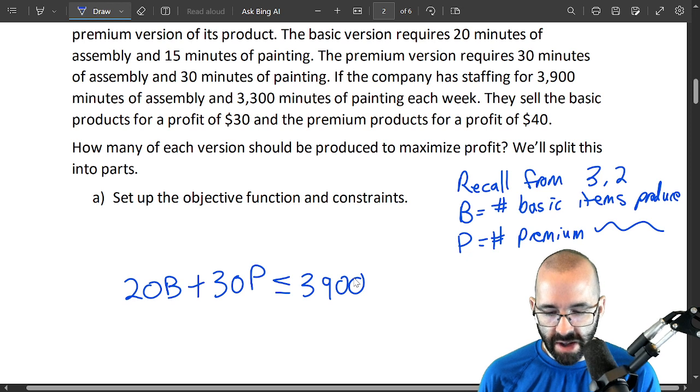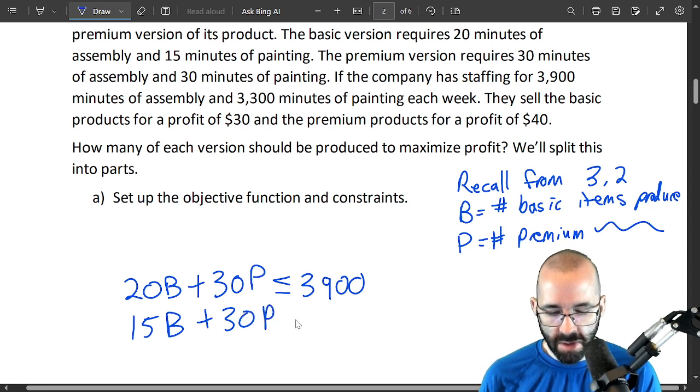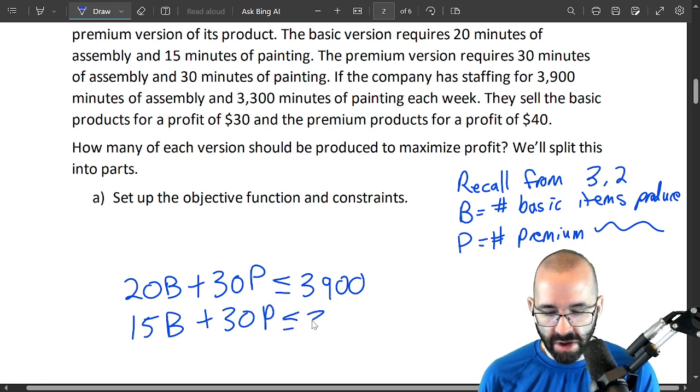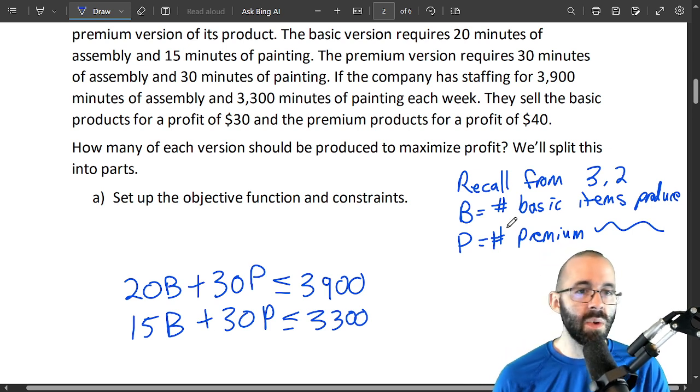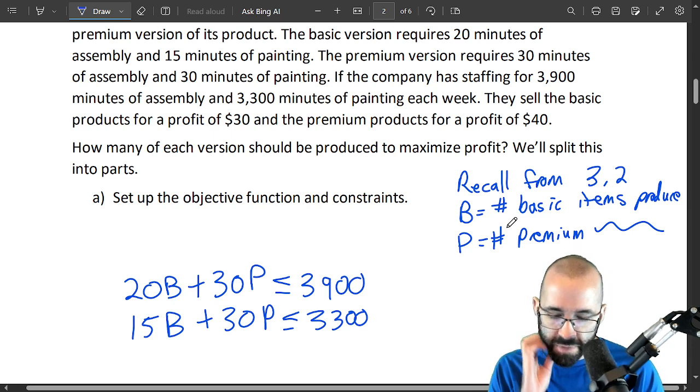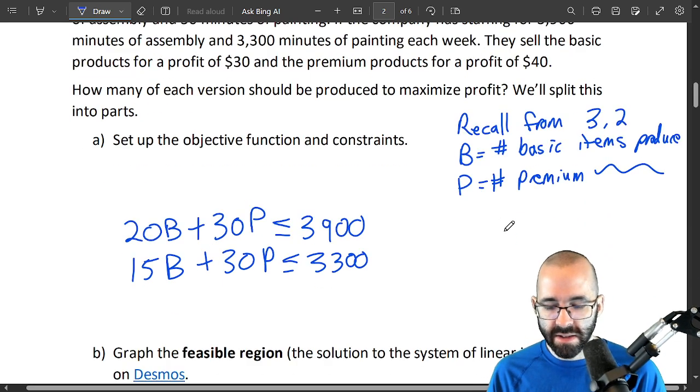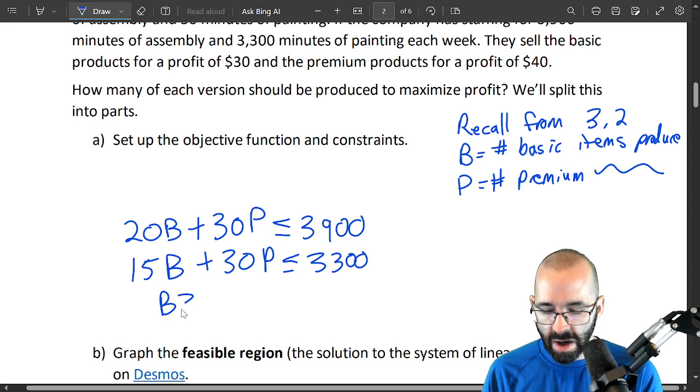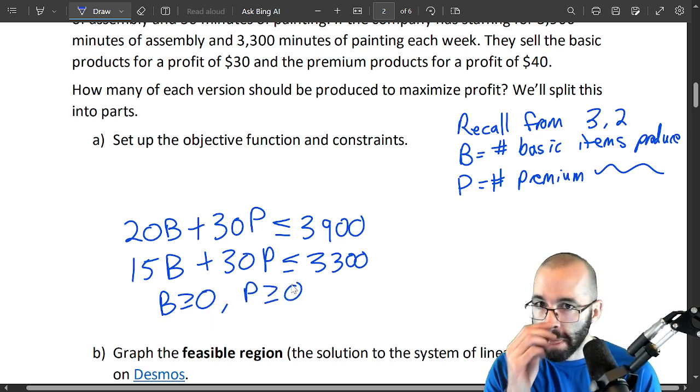And we also found that 15 for painting the basic and 30 for painting the premium, and we only had 3,300 minutes. We found these inequalities in the last section. Okay, so these are our constraints, along with the requirement that we're only dealing with non-negative numbers.